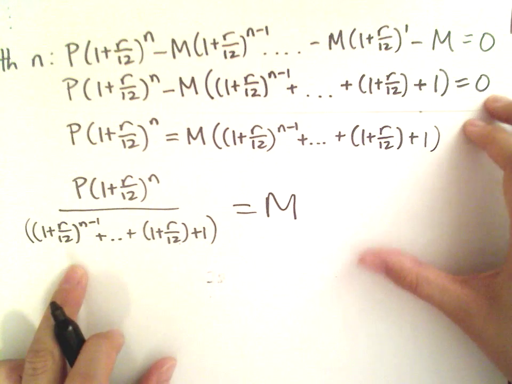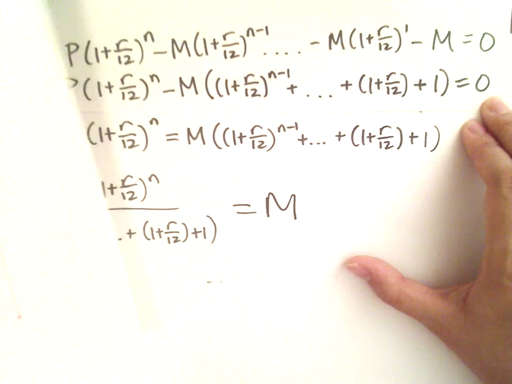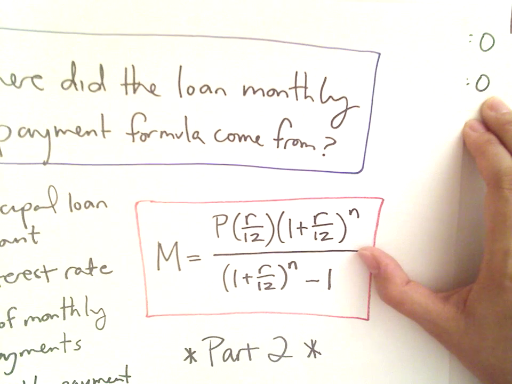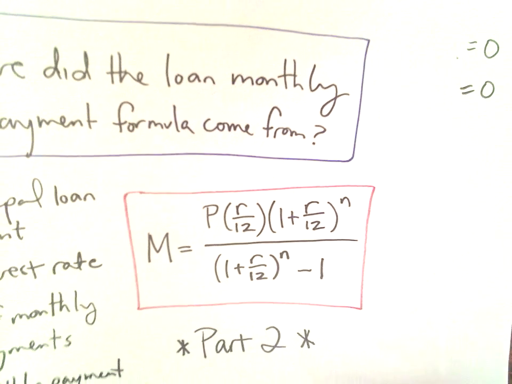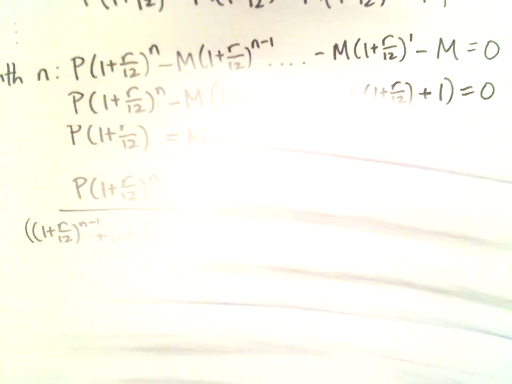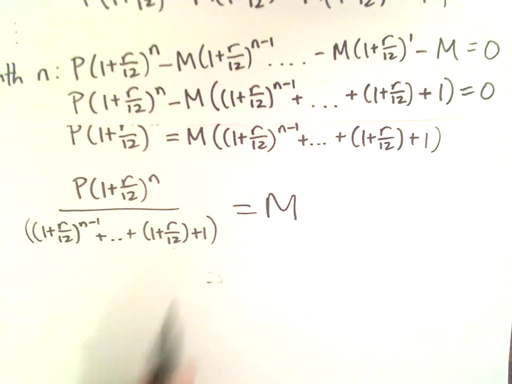Now this looks a little bit different from this right here, right? So where are we getting this other formula right here? It doesn't have this big long summation in it.